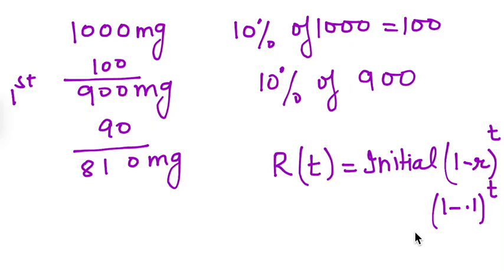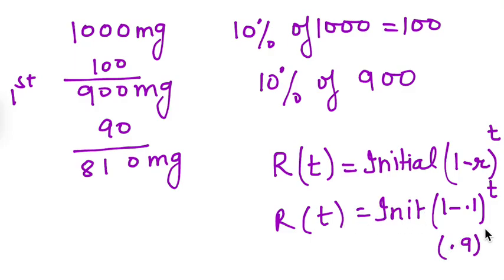I am subtracting something from 1, however small the number is, but definitely it will be less than 1. So here is the initial amount, and this number is less than 1. That is the most important point here.